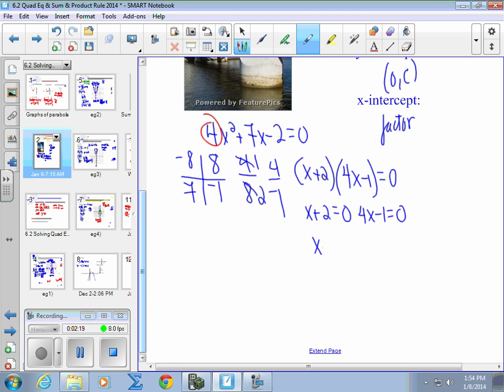And we solved that to get x is equal to negative 2, and 4x is equal to 1, or x is equal to 1/4. These are what we call the x-intercepts of the equation. They're where the curve crosses the x-axis. So the x-intercepts are the solutions or roots.